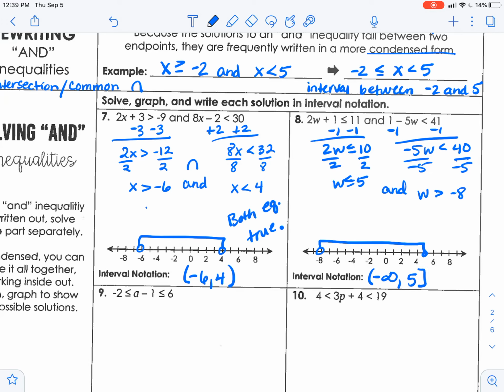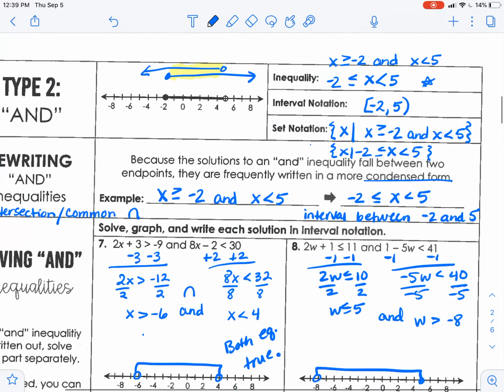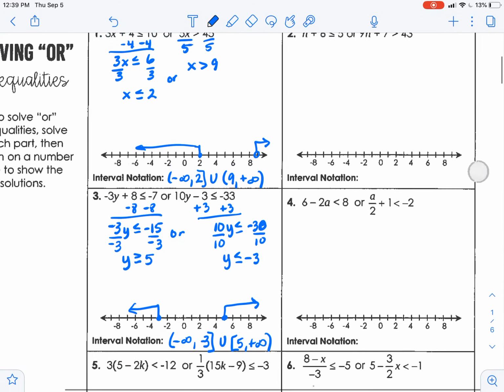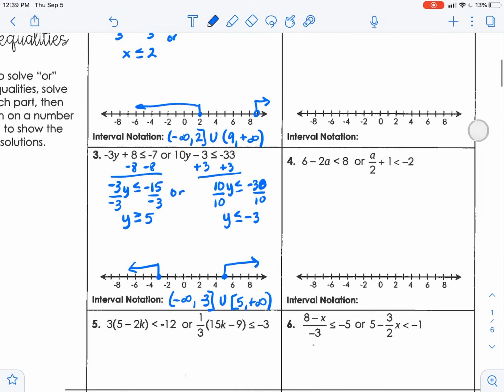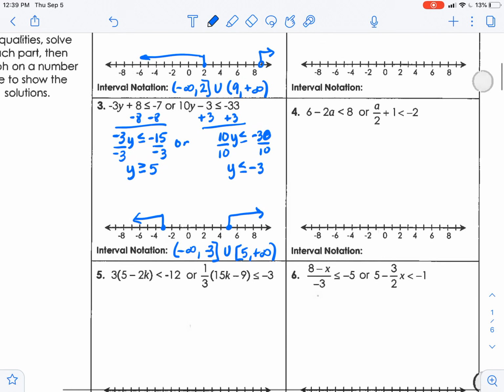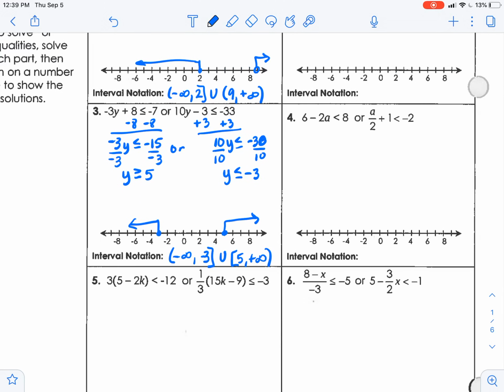Okay, so again, just a real quick, when we have ands, okay, they will typically, not 100% of the time, and we'll talk about some special cases, they will typically look like this. They're an interval. They're going together. We have 2 endpoints. If you have an or, it will typically look like this. Now again, there are special cases, and that'll be the next thing that we talk about.